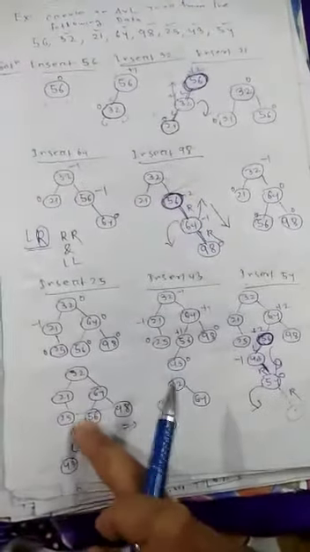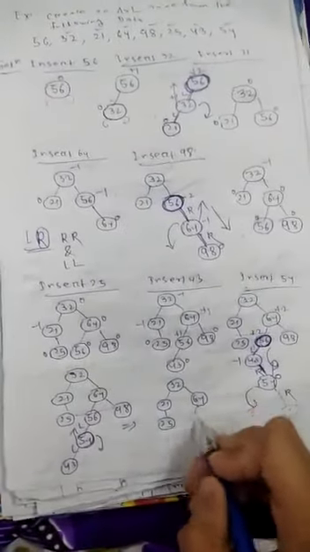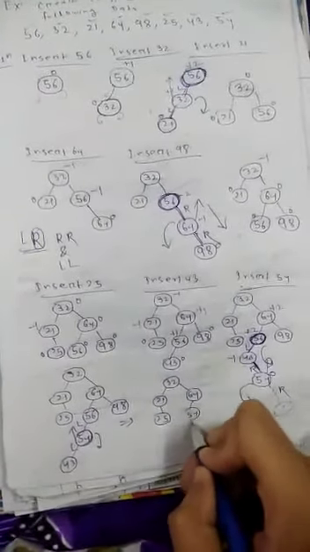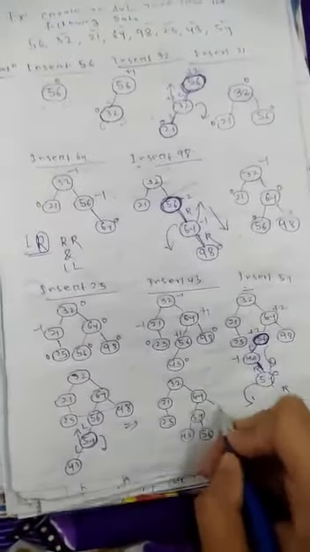That means right rotation, 56 will come to here. 56 comes to the right rotation. That means 64 has 54, 43 is as it is. 56 will come to the right of here. Okay, then 98 comes as it is.